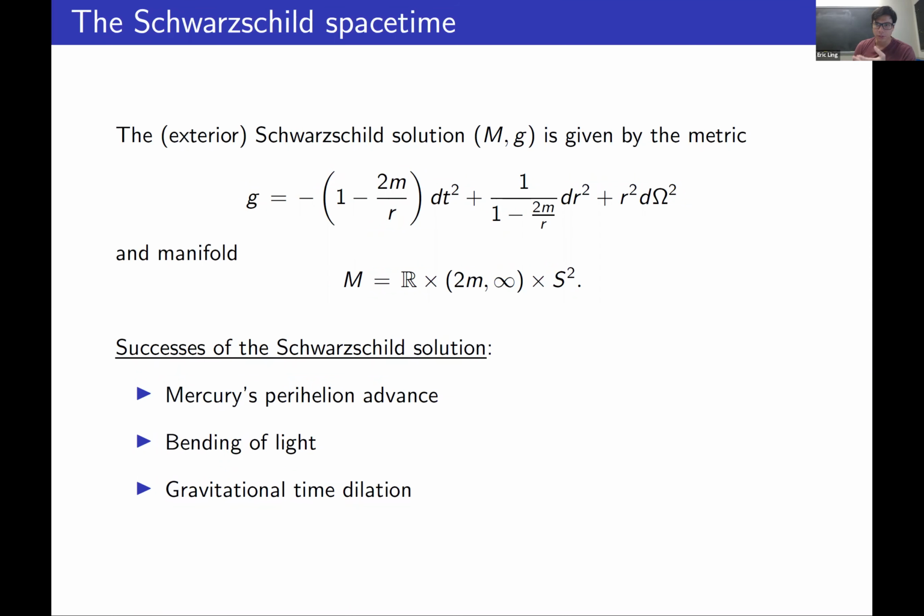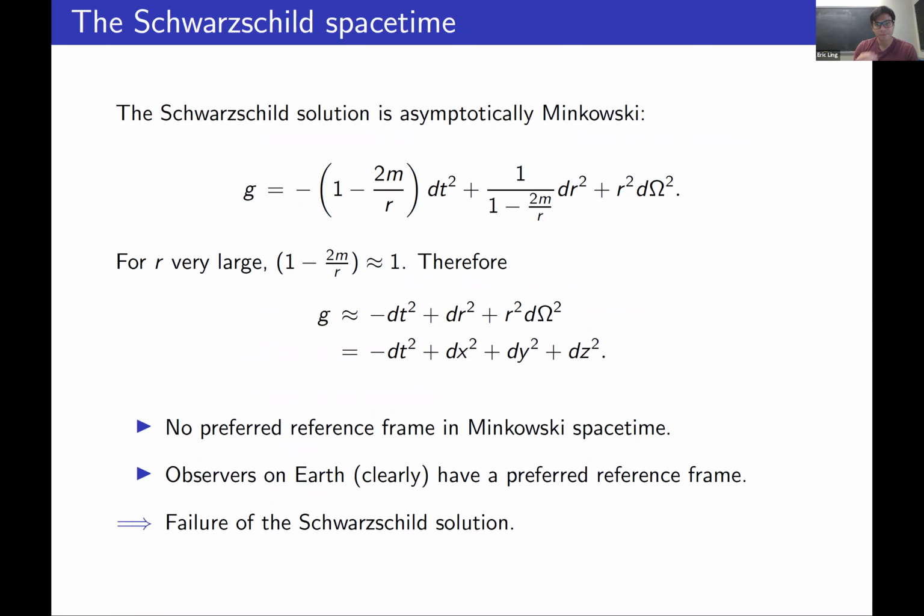The successes of the Schwarzschild solution are that it describes Mercury's perihelion advance, the bending of light, and gravitational time dilation. All three of these things have been observed, and the Schwarzschild solution does a good job at modeling all three. This is one of the successes of general relativity. So this is good.